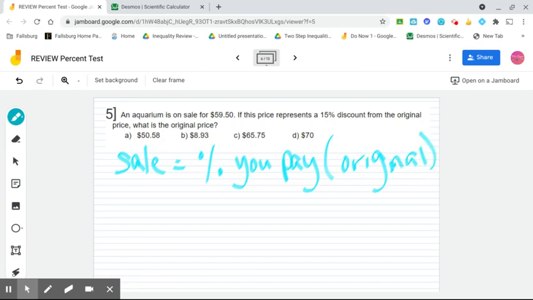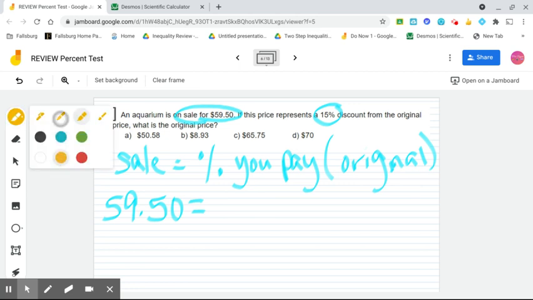Okay, we are given the sale price. Therefore, we're plugging in the sale price here. Now, the percentage, we get a 15% discount. So that really means we're not paying 100%. We're paying a minus 15% because it's a discount, which really means we're paying 85%.